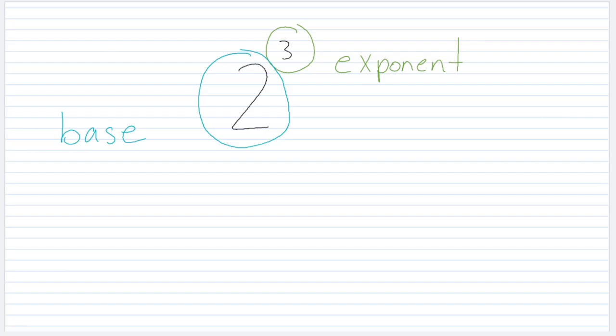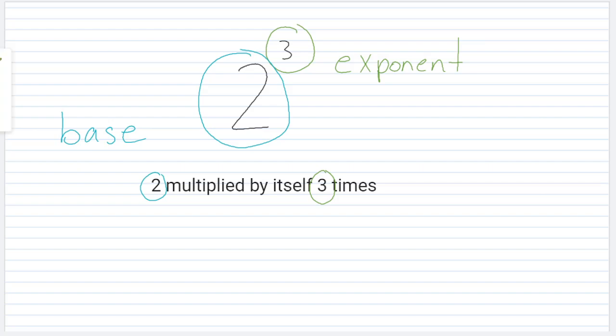So in this case, for exponents, whenever we see a little number on a big number, the phrase that needs to come to mind is this: 2 multiplied by itself 3 times. 2 is our base, and 3 is our exponent. So this is much easier to think about.